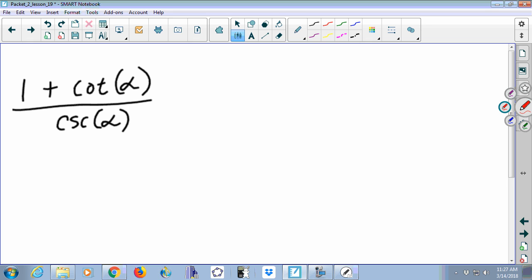You see that big fat plus sign there. So to squish these two together with this denominator, they had to come from these two things: 1 over cosecant of alpha plus cotangent of alpha over cosecant. I could have started like that by separating them. This is 1 over sine.